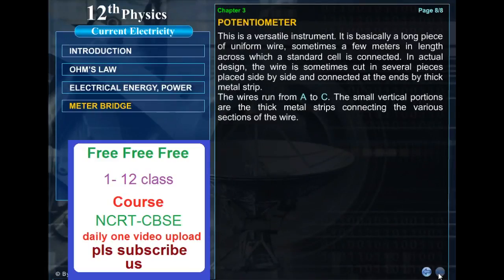Potentiometer. This is a versatile instrument. It is basically a long piece of uniform wire, sometimes a few meters in length, across which a standard cell is connected.